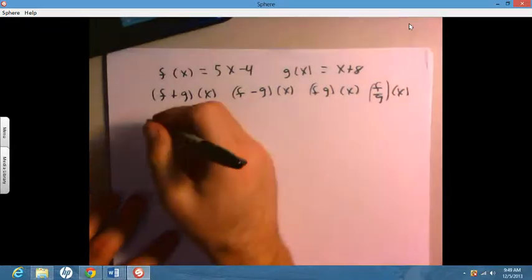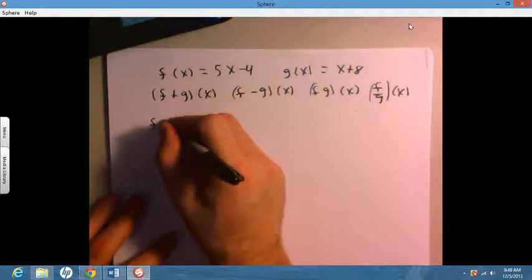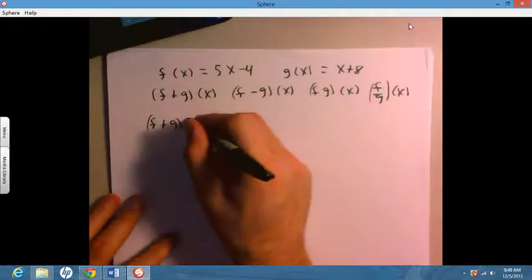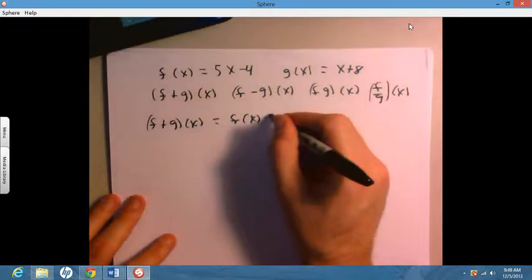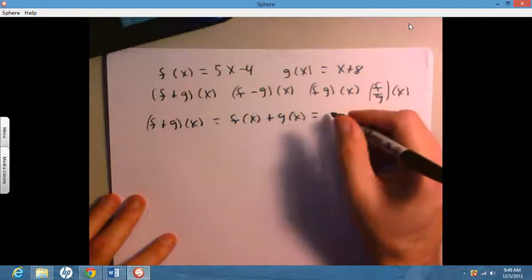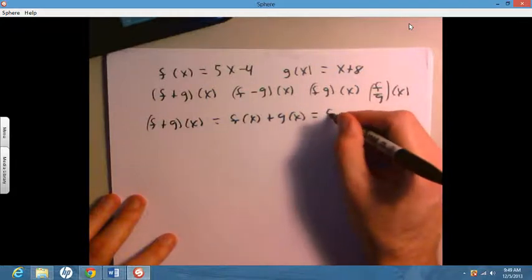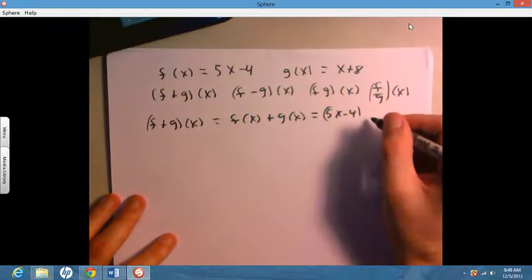Now for the first one, we have f plus g of x. This function f plus g of x is equal to f of x plus g of x, which is equal to, well, f of x is just 5x minus 4, and g of x is equal to x plus 8.